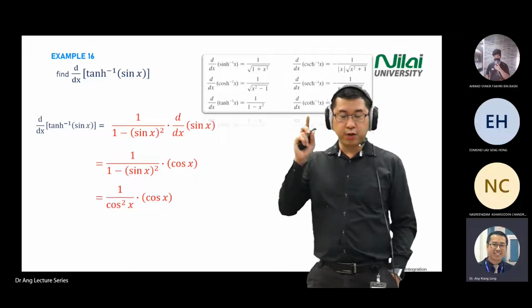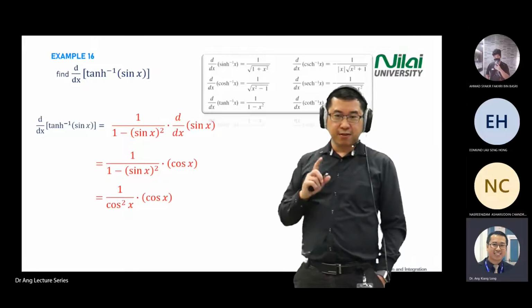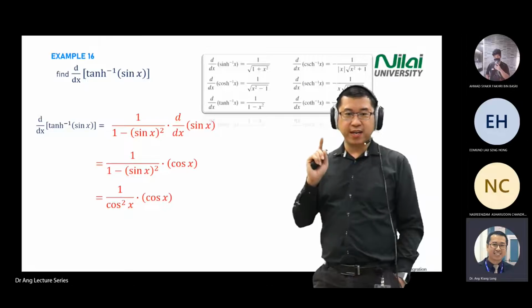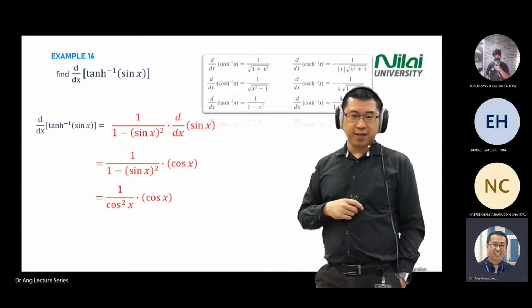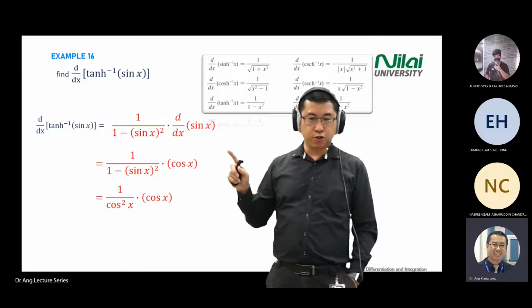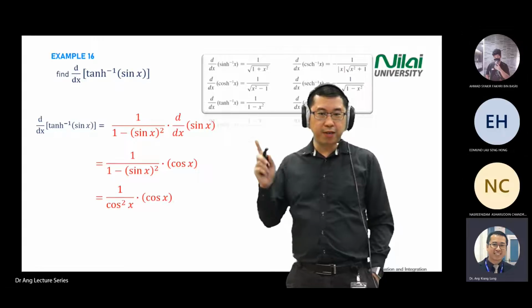You need to download a trigonometry identity chart. I don't give it to you. You need to go and download or photocopy the trigonometry relationships. Just now I gave you the hyperbolic one.